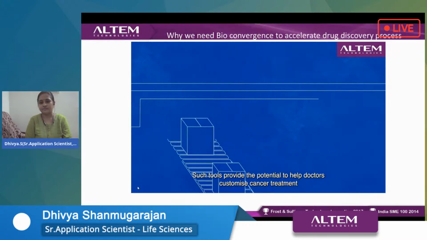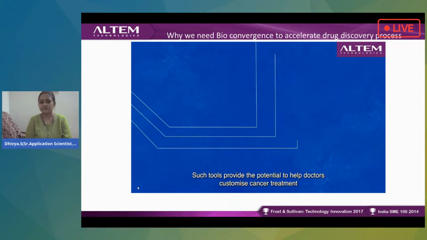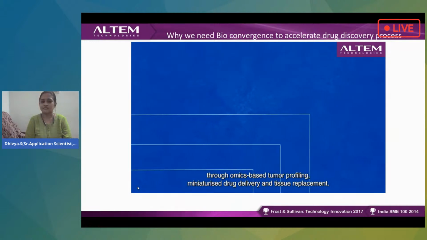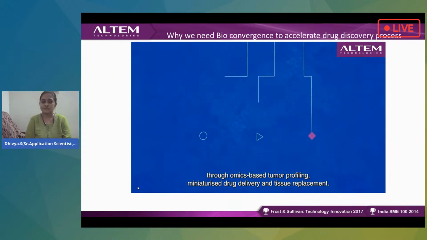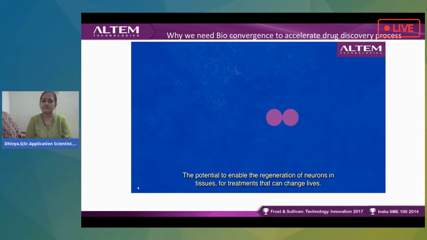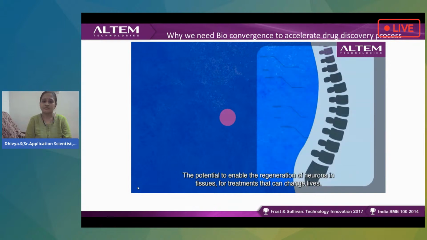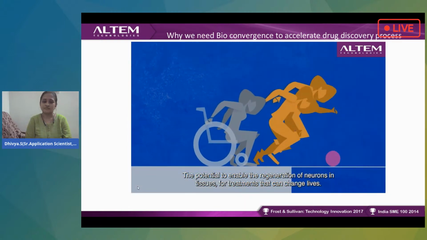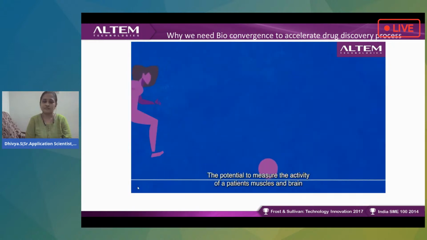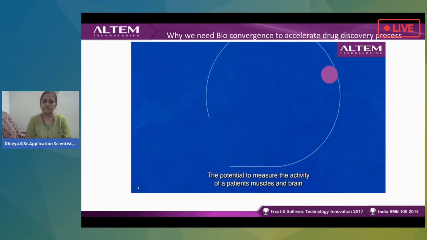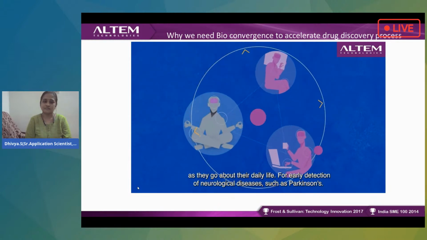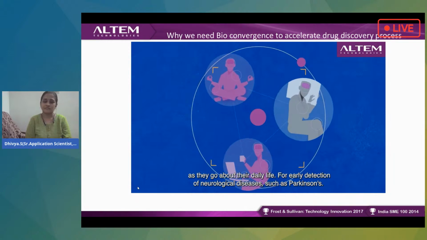CellLink provides the tools for a bioconvergence workflow from early stage development to large scale manufacturing. Such tools provide the potential to help doctors customize cancer treatment through omics-based tumor profiling, miniaturized drug delivery, and tissue replacement. The potential to enable the regeneration of neurons and tissues for treatments that can change lives. The potential to measure the activity of a patient's muscles and brain as they go about their daily lives for early detection of neurological diseases such as Parkinson's.